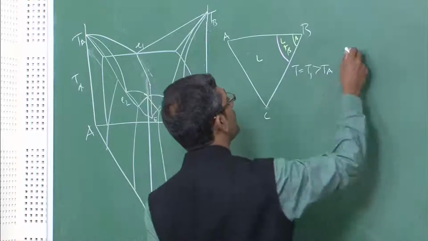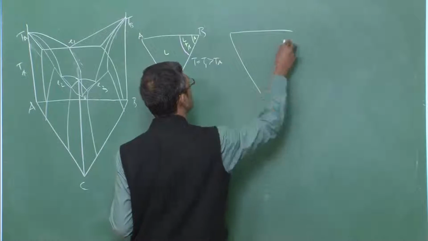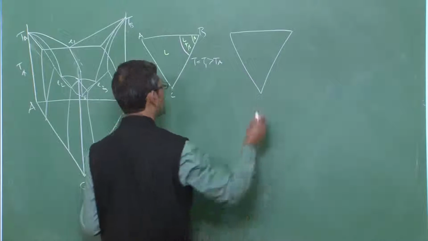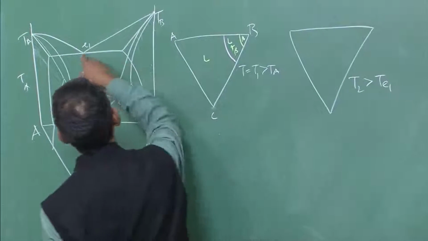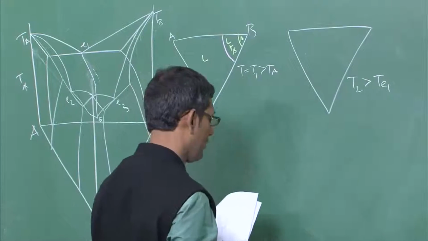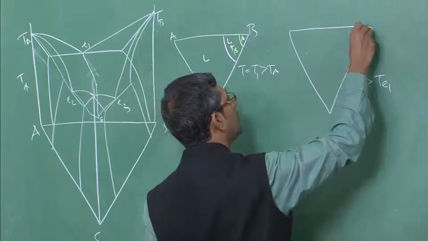So, now if I go to a temperature which is T2, but T2 is greater than Te1, T1 is this melting temperature, what will happen? It will be the same, I showed you already.